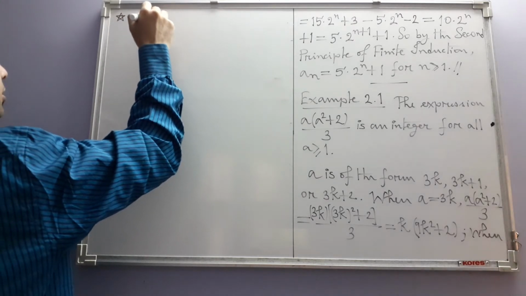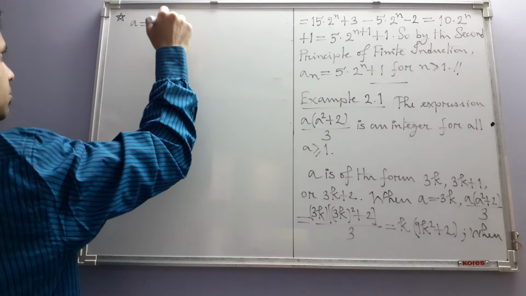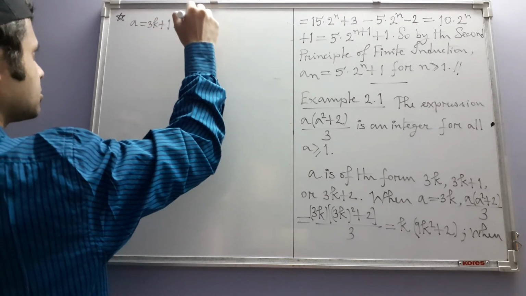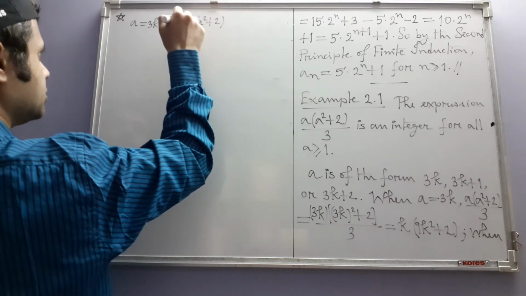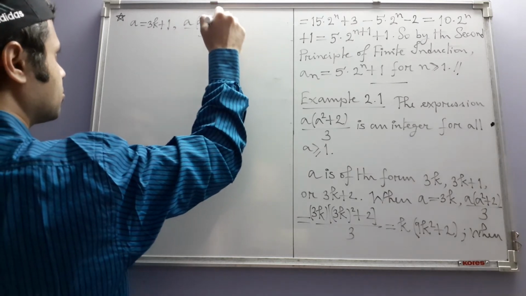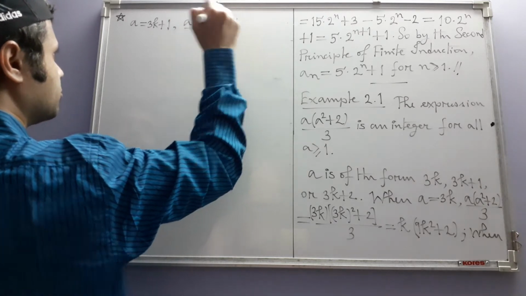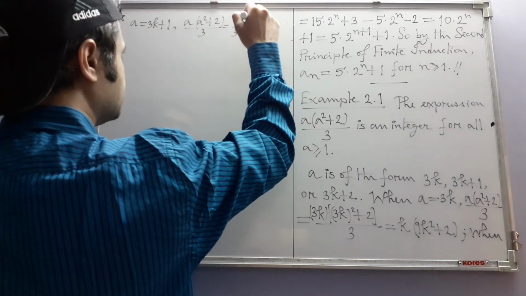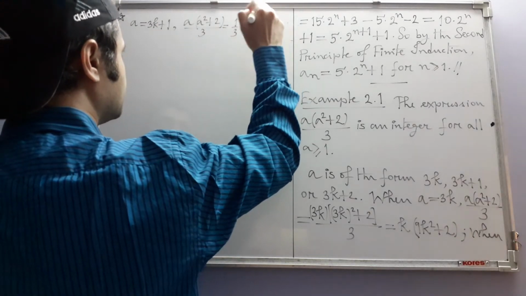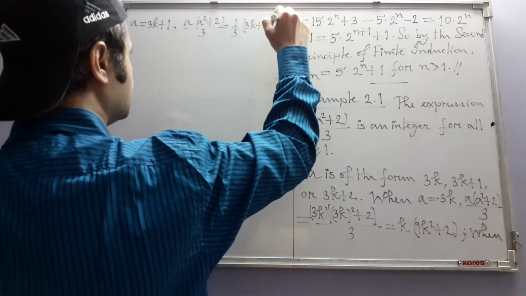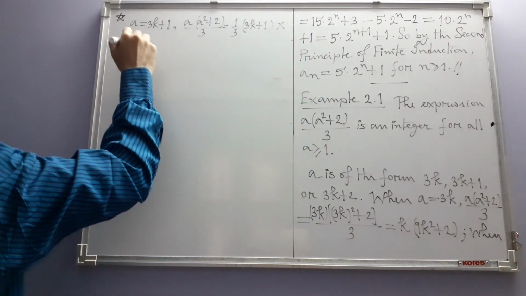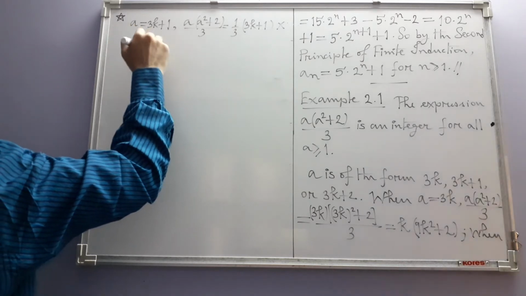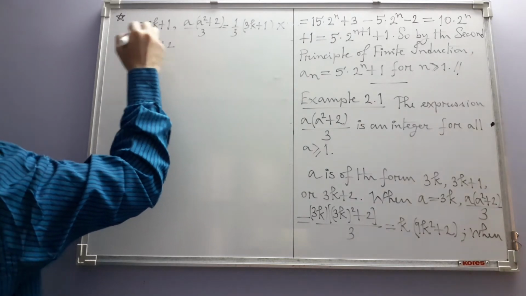of the form 3k plus 1, in that case a times a square plus 2 divided by 3 will be what? 1 over 3 times 3k plus 1 times 3k plus 1 whole square plus 2.